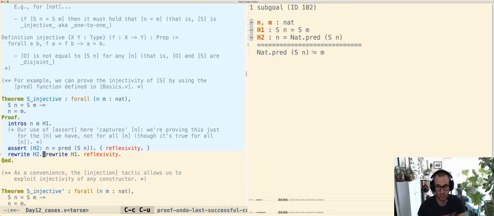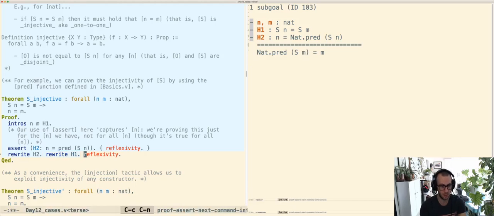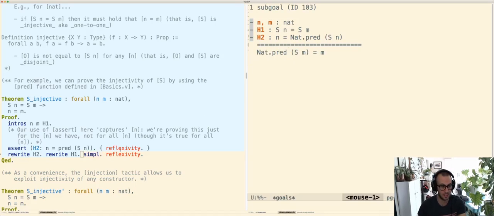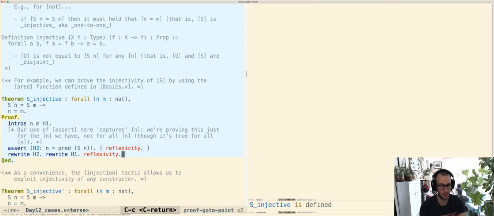So this is going to change this. And then if we simplify, you can see that this pred and this S are going to collide and cancel. Great. You can prove on your own that successor is injective.